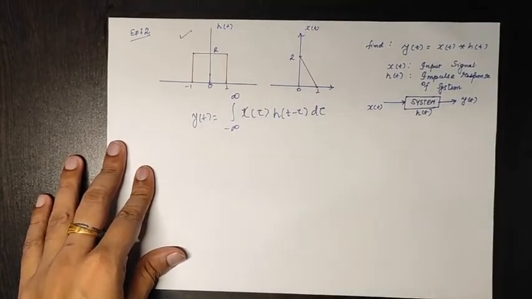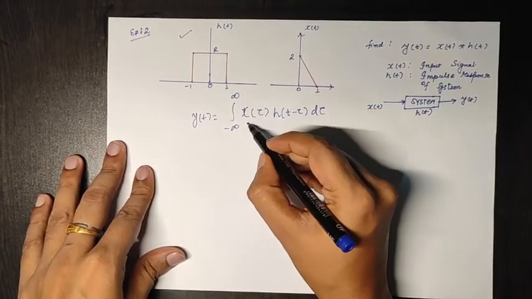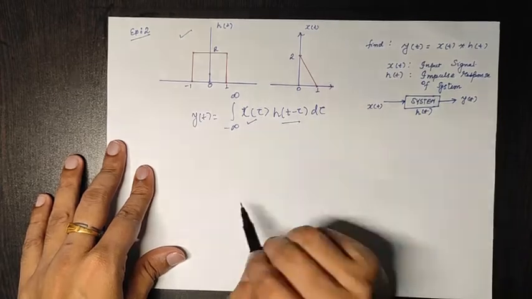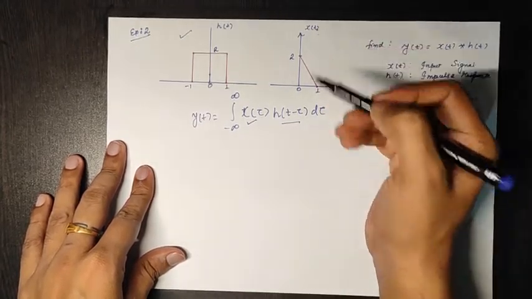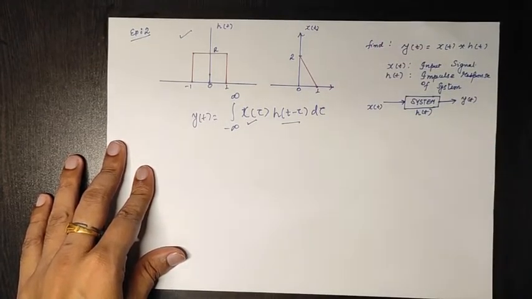So what we need is x(tau) and h(t minus tau). So x(t) will be changed to x(tau).